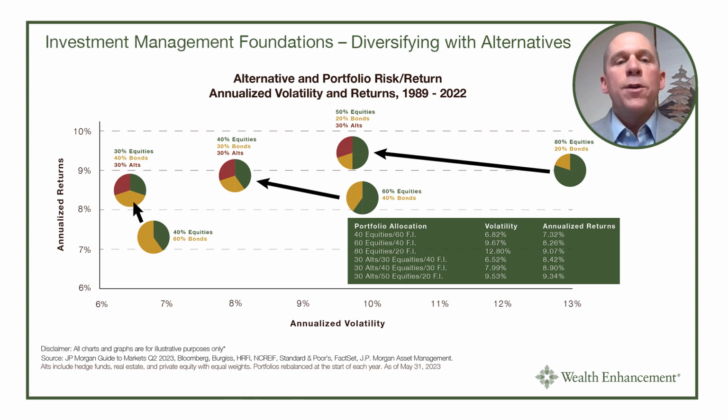And we do this in order to optimize the expected return of our portfolios given an investor's level of risk. Okay, so that was a little academic, and let me explain why this matters to investors.